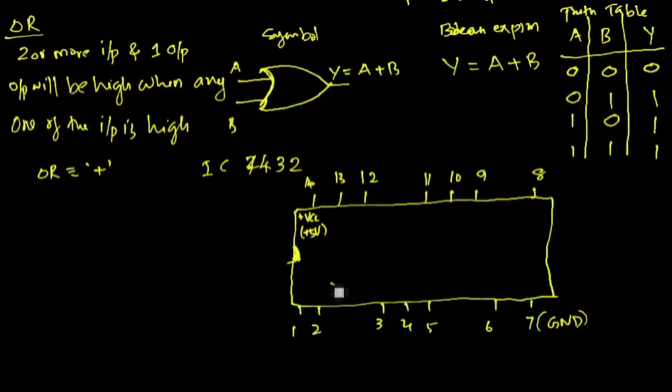Now the first OR gate is between pins 1, 2 and 3. The 1 and 2 are the inputs and 3 is the output.